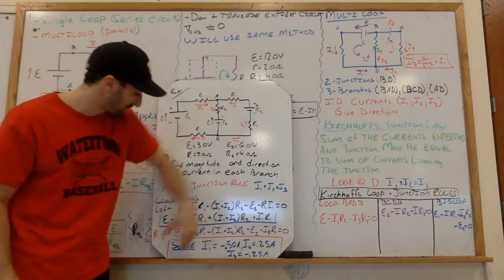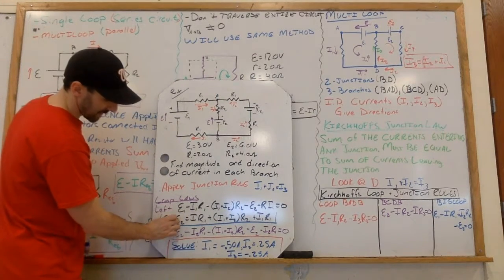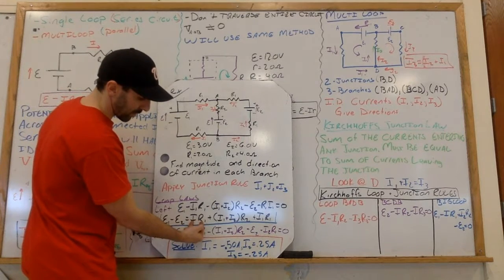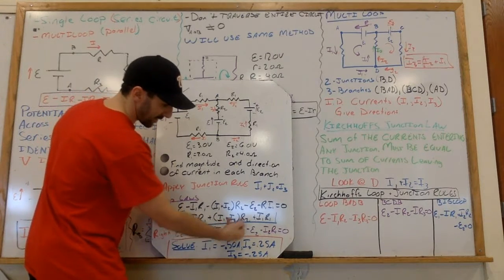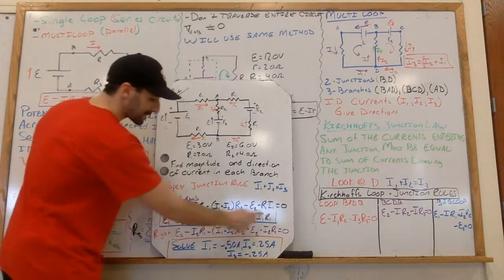Now I can simplify that out, collect terms. I know my total potential, E1 minus E2, is equal to I1 R1 plus I3 R2 plus I1 R1 again. And I'm stuck there.